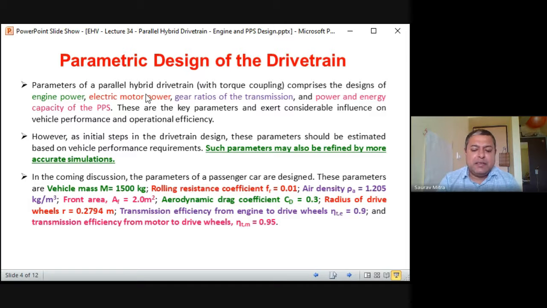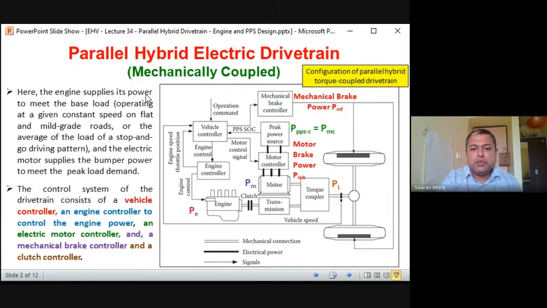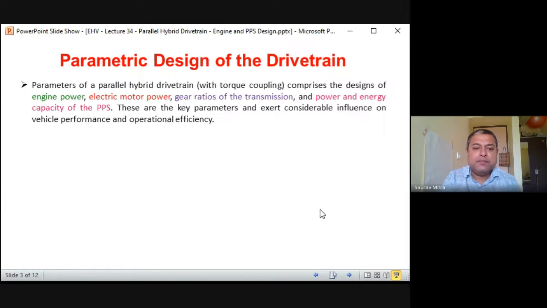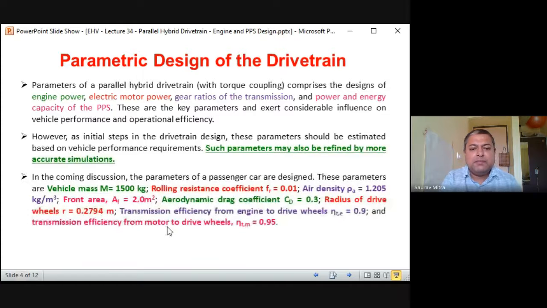In this diagram there are actually two sources: the engine to the drive wheel, and the motor to the drive wheel. So there are two transmissions, and the efficiency of both is given. For the engine to the drive wheel, eta_TE, the T stands for traction, since tractive force is the output.